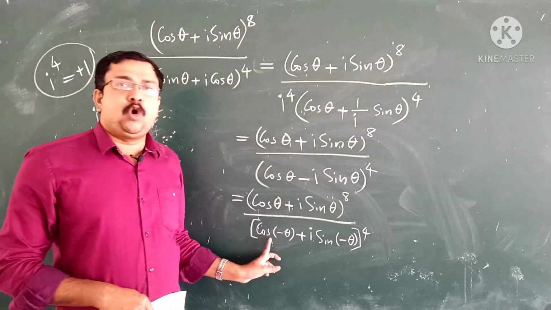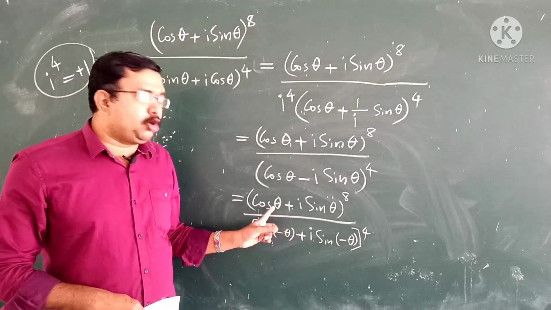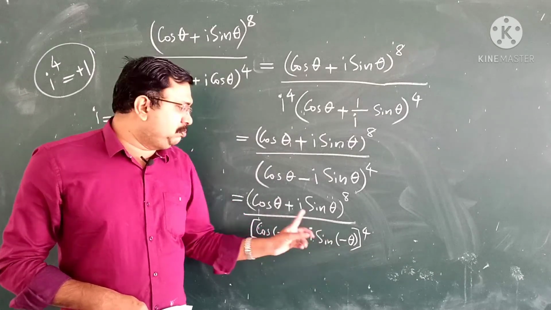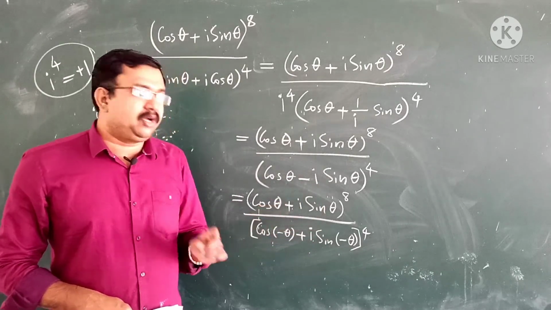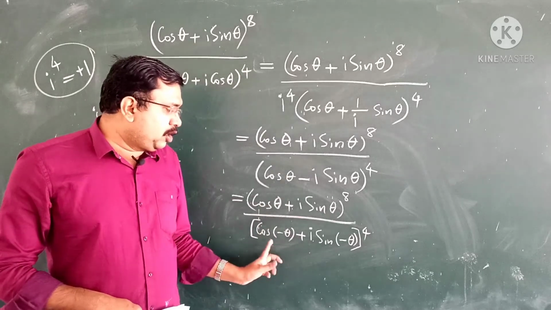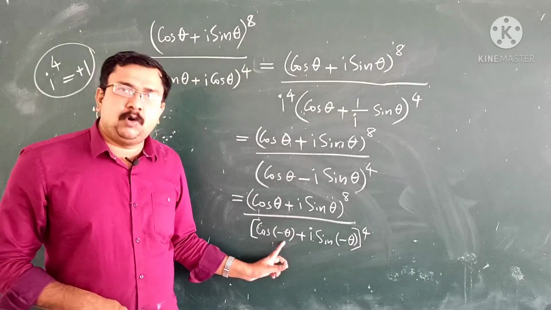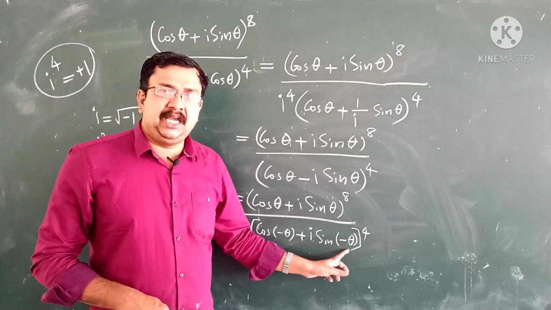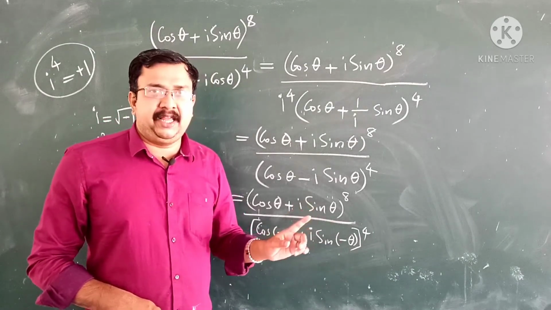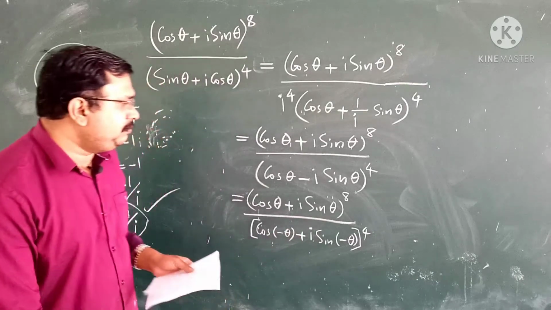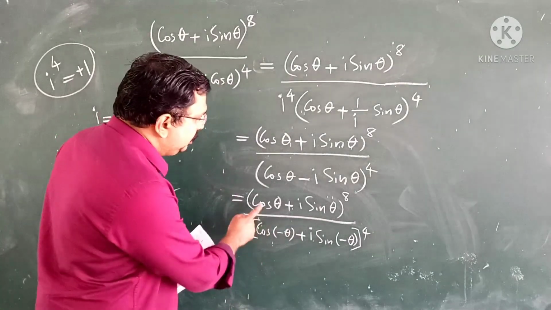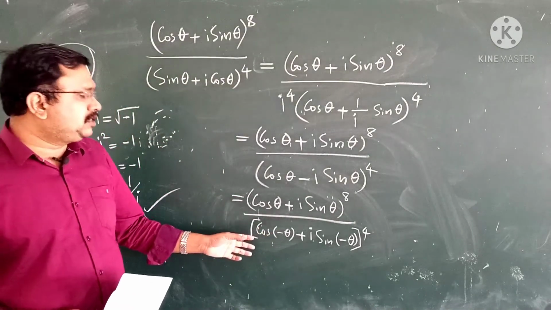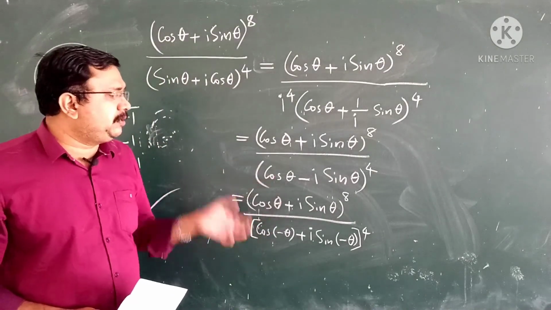Remember that cos minus theta is cos theta and sin minus theta is minus sin theta. Okay, very, very important. Cos minus theta is cos theta, but sin minus theta is minus sin theta. Okay, then this equation will become, please write down these steps. Next we want to move to our next step. Please write down.